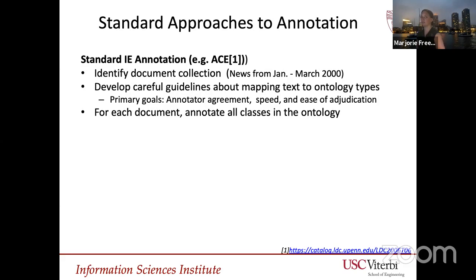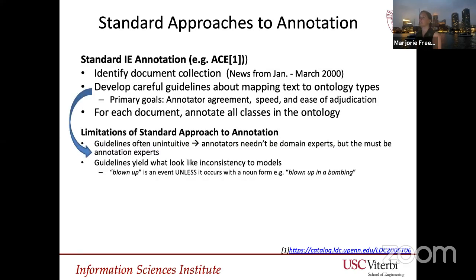And the guidelines have a goal of having a code book that you can refer back to and decide who is right. And so the adjudication process when people disagree is easy. And then the annotation is done by, for every document, annotating all classes and all instances in this ontology.